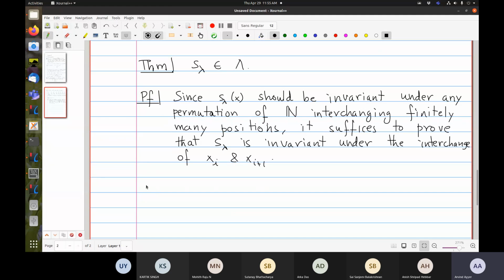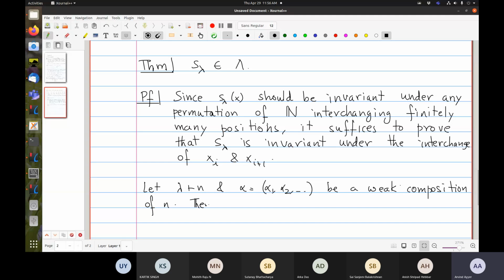Okay. So let lambda be a partition of n, and alpha, which is alpha 1, alpha 2, etc., be a weak composition of n.